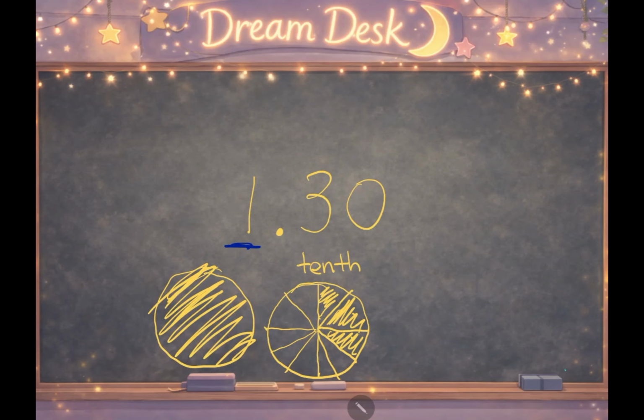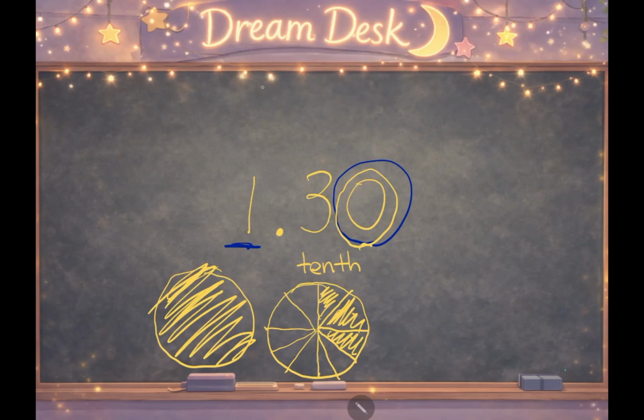And we read it as 1.3. And some of you may think, hang on a minute, why is it 1.3? We have a 0 here, and it looks more like 30. And some students try to read this number as 1.30, but that is not correct because this 0 here tells us that there is no value there.